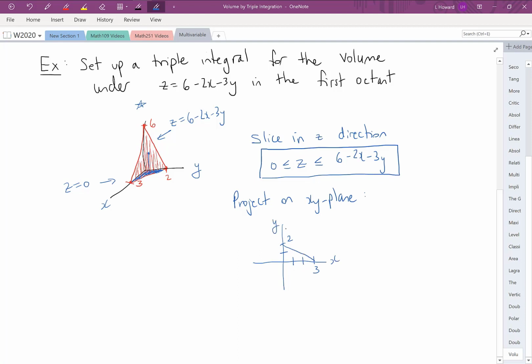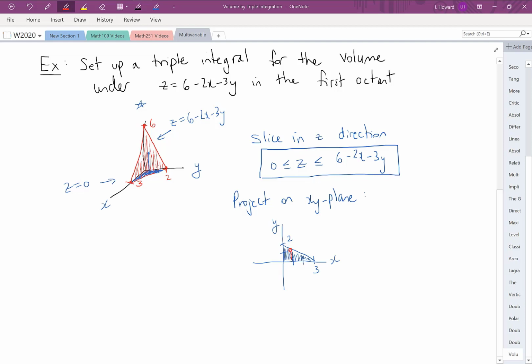Okay, so now we want to figure out our limits of integration on x and y using either vertical or horizontal slices. So we're trying to describe this triangle, which is our projection, using our choice of vertical or horizontal slices. I would say vertical would work just fine here, so let's go that route.